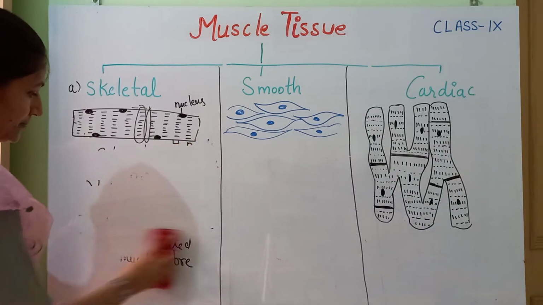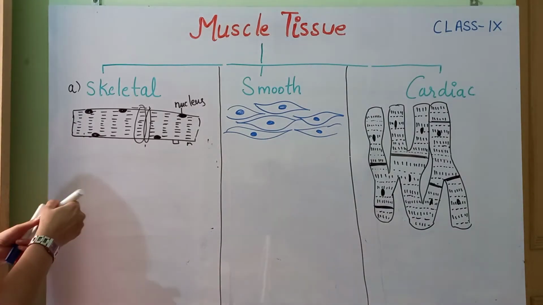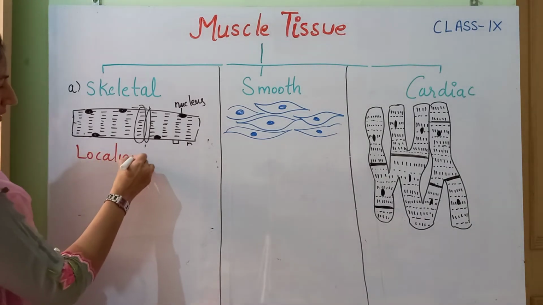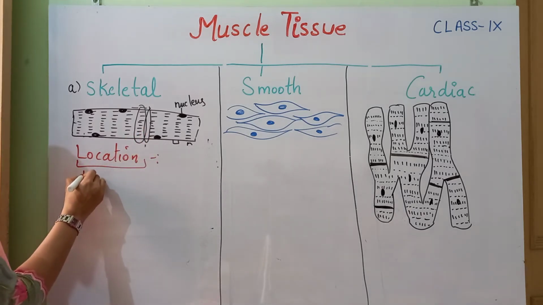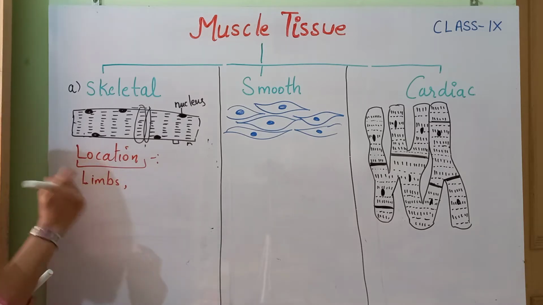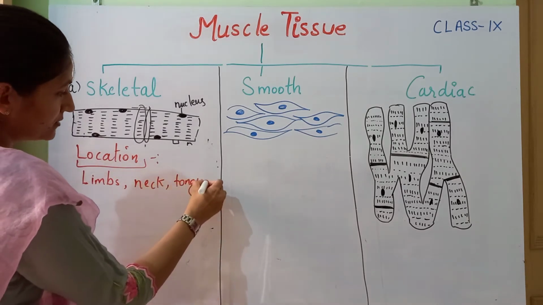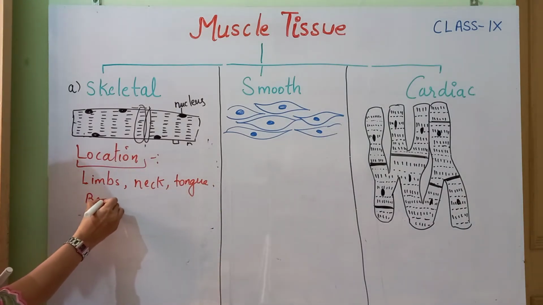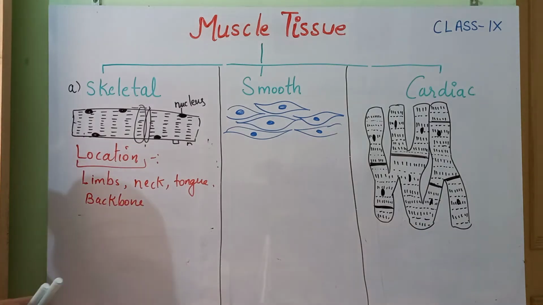Now we'll see the location of this particular muscle. Location, where it is located in our body. So it is located in your limbs, okay, your hands and your legs, your neck, your tongue, okay, your backbone, you can bend, got it?